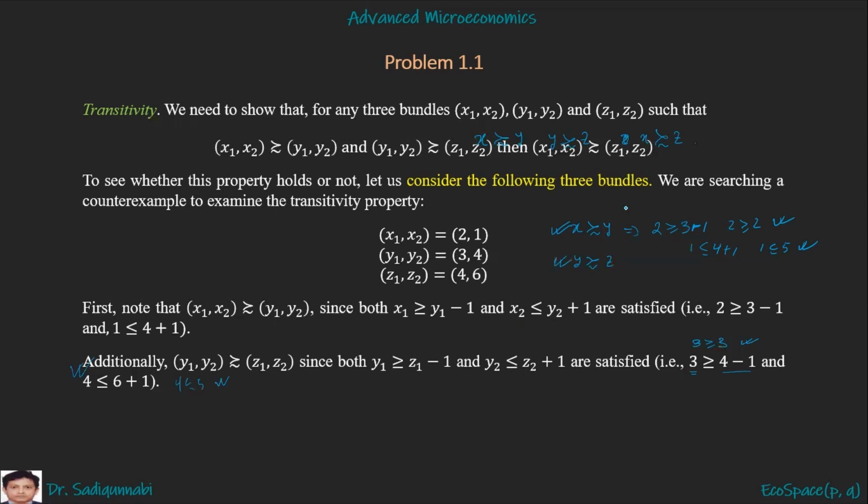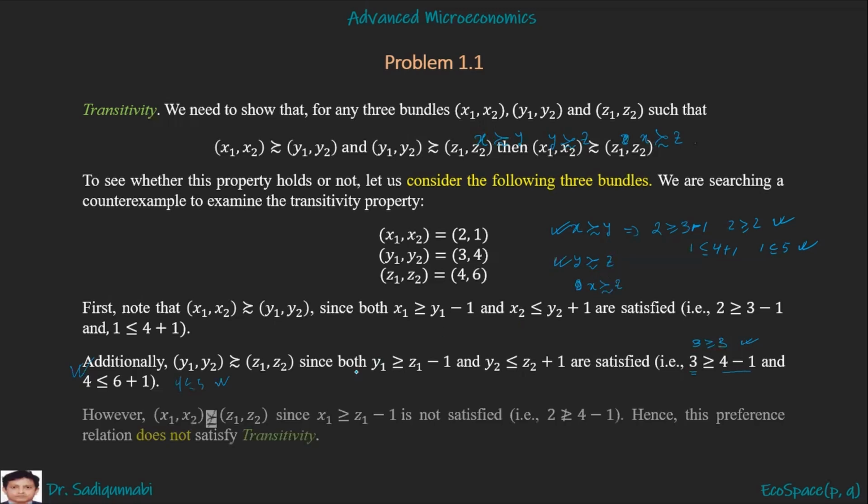What about the final one between x and z? If we find that x is weakly preferred to z, then we can say that transitivity is all right. So let's see. Similarly, for x1 and z1, x1 equal to 2 should be greater than or equal to 4 minus 1.